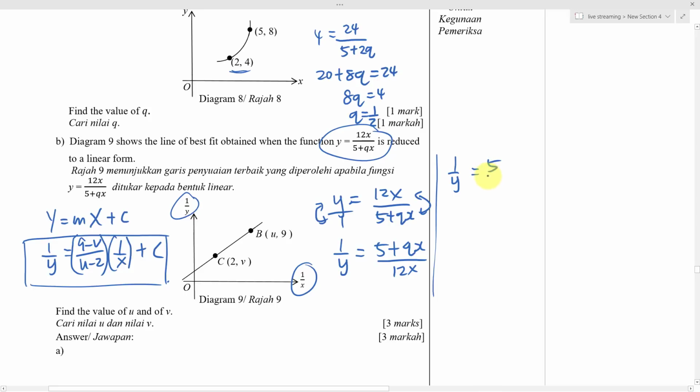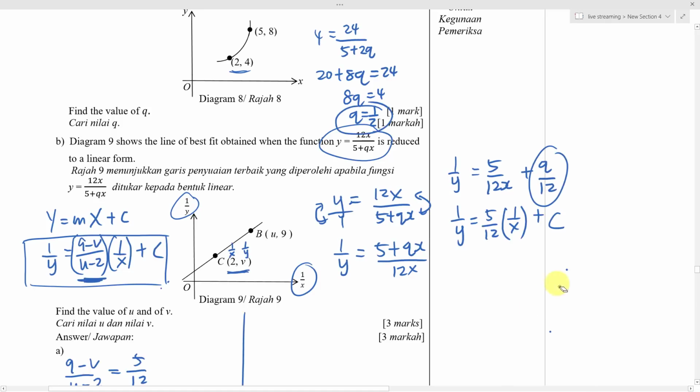So it will become 5 over 12x plus qx over 12x, which is q over 12. The q value above. That's why I'm wondering at 3 unknown. How am I going to do this? Yeah, q is 1 over 2. So this is 1 over 24. Yeah, then you sub in the u and v. Yeah, no need simultaneous.